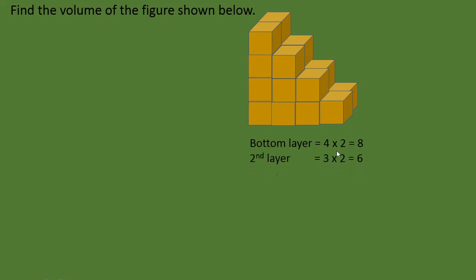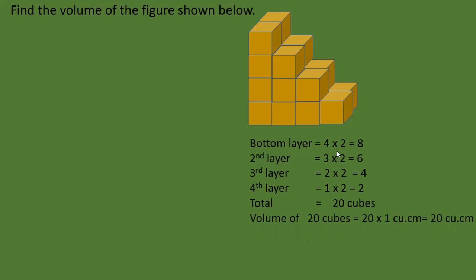In the second layer, 3 into 2, 6. Third layer, 2 twos are 4 cubes. And fourth layer, 1 two is 2. So the total number of cubes is 20 cubes. Volume of 20 cubes equals 20 into 1 cubic centimeter, equals 20 cubic centimeters.